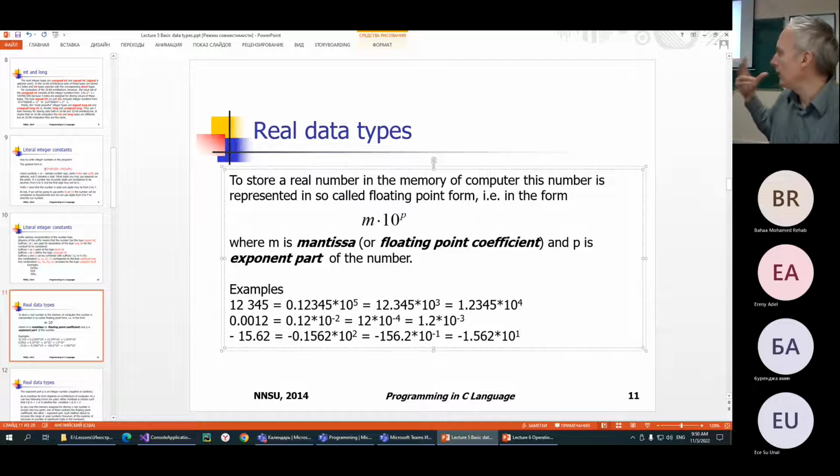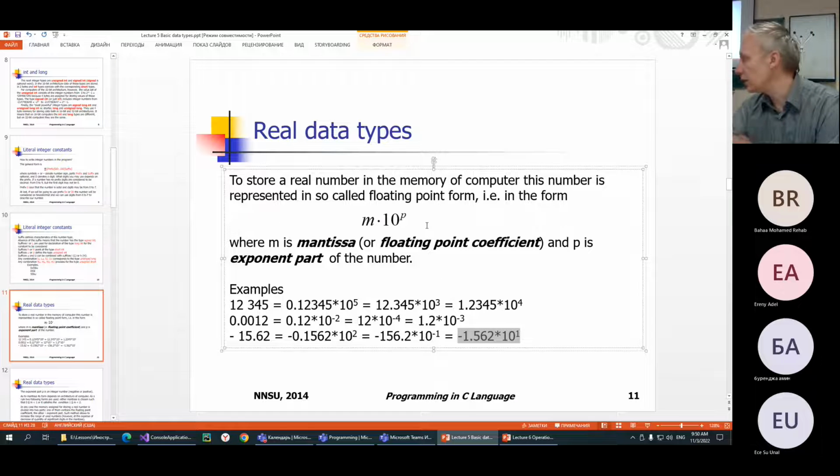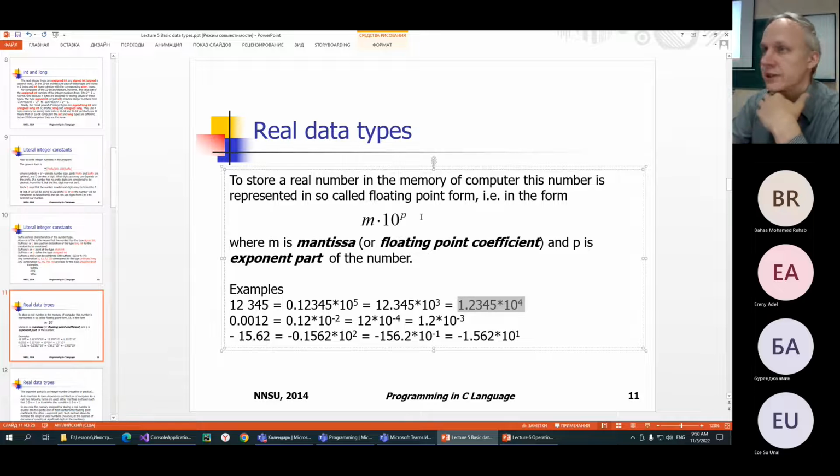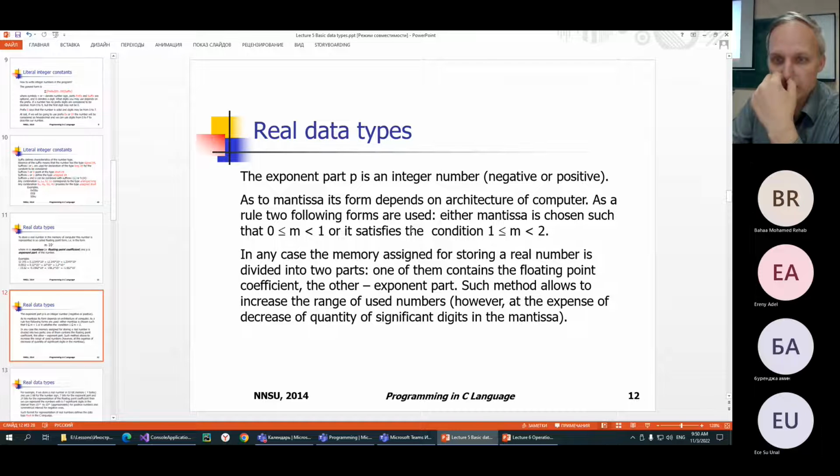For any number, we can write this unique notation. And in computer memory, real numbers are stored in this form, called scientific notation.